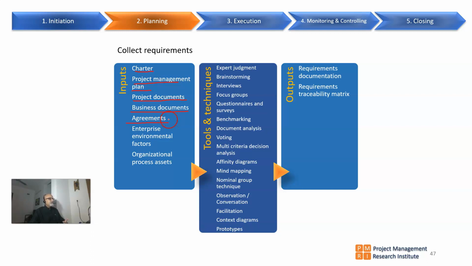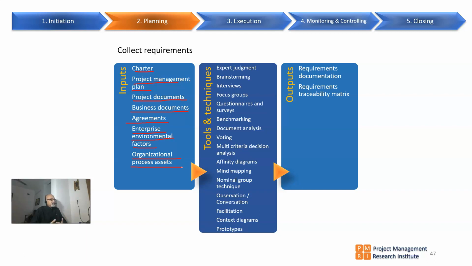Then enterprise environmental factors, factors affecting the project from the environment in which the project has to operate, and the organizational process assets like the quality standards, the reusable components, and the processes that must be followed.